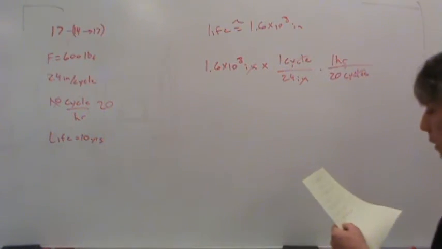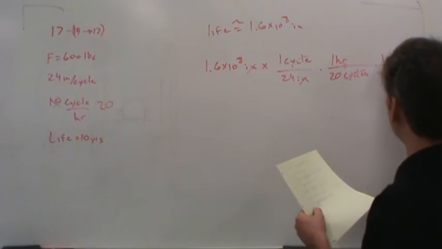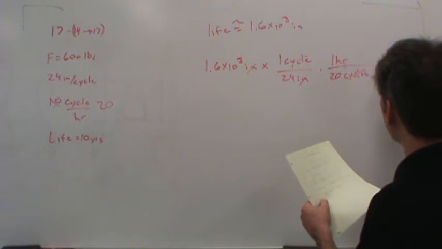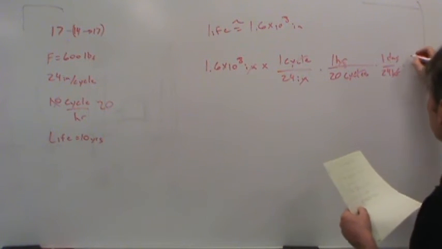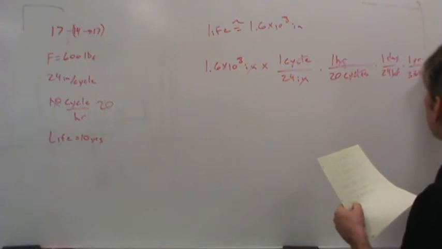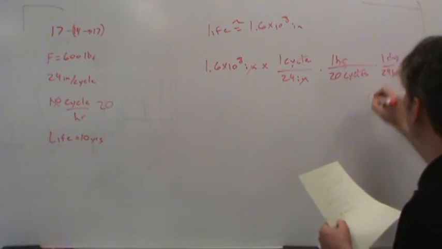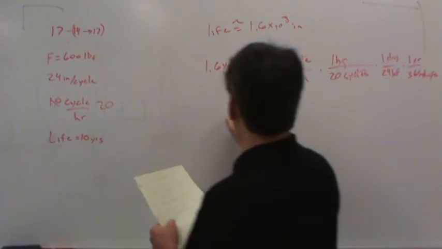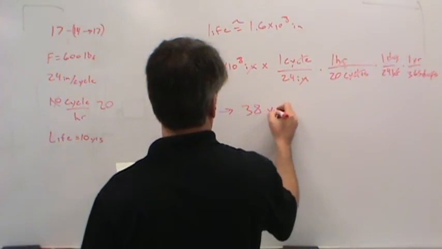Right? That takes care of the cycles. And then there's 1 day per 24 hours, and of course 1 year per 365 days. So plug all that into your calculator, and you'll get the life in years. And what I got was a life of 38 years.